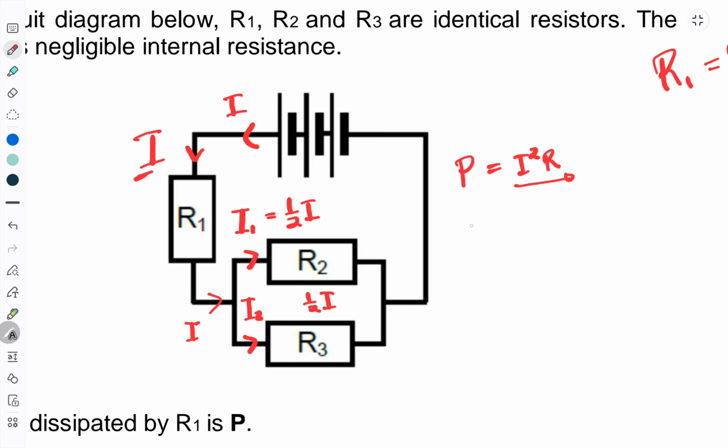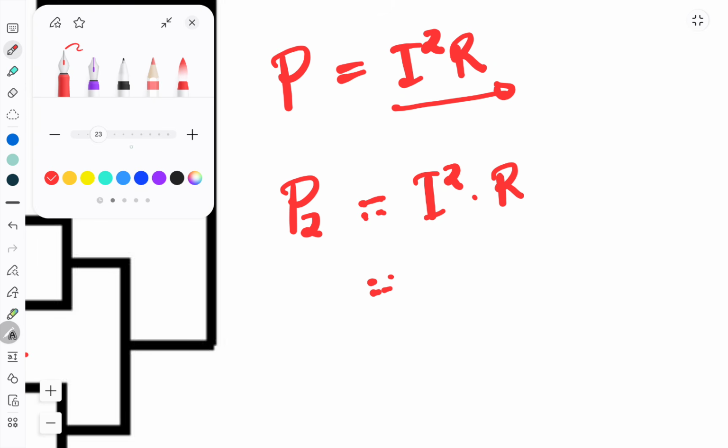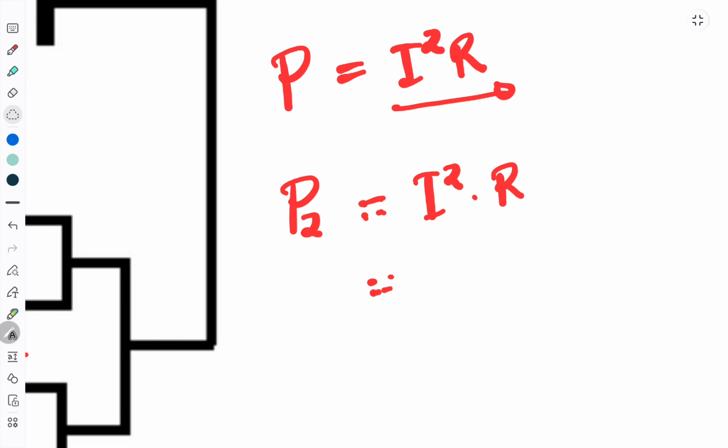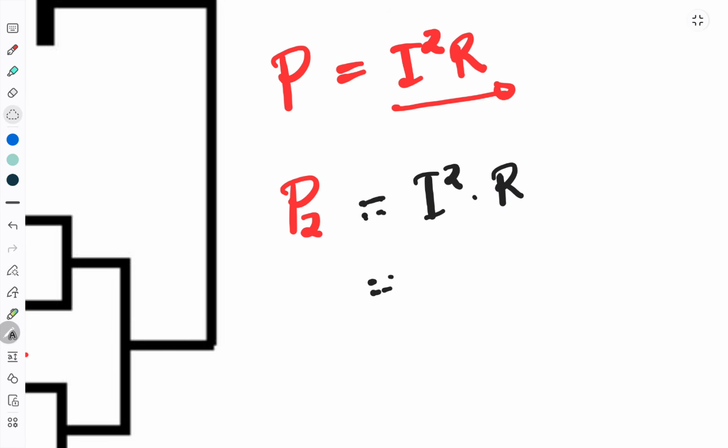Now if we were to find the power at resistor 2, let's call it P2, we would say I squared times R, and then substitute our current.